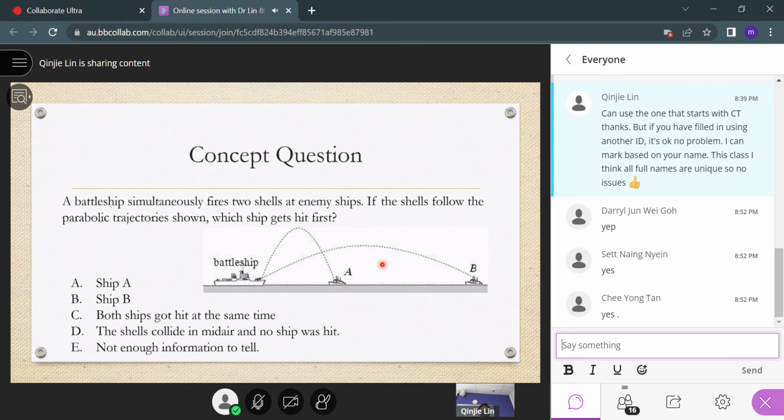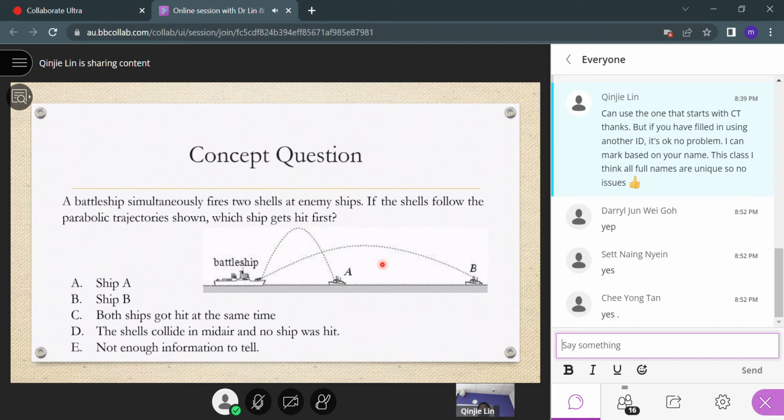Who thinks it's A, B, C, D, E? Of course, D is wrong.